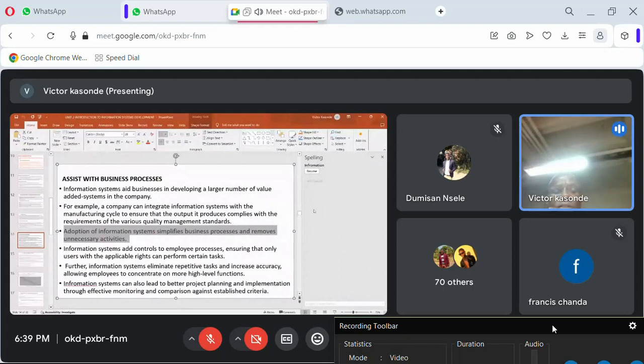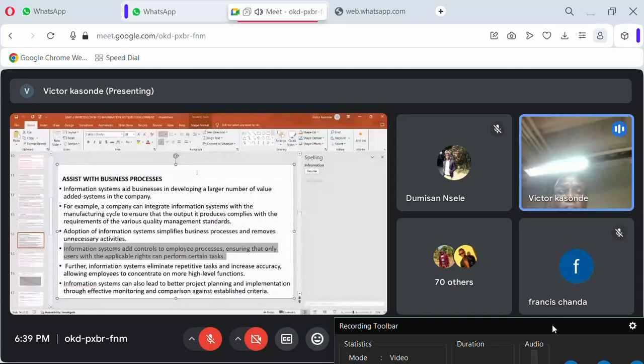Information systems add control to employee processes, ensuring that only users with the applicable rights can perform certain tasks. One of my friends asked about security. So information systems should have controls.